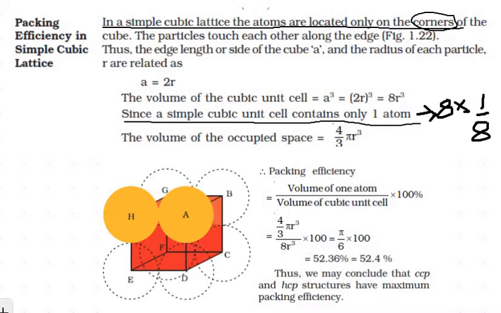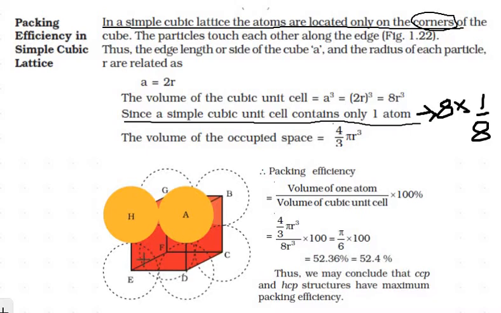Then the particles touch each other along the edges. Now let us see this figure where you can see the 8 corners are named A, B, C, D, E, F, G, H. If I am talking about the upper corners, they are named A, B, G, H. Similarly, the lower corners are named D, C, F, E.